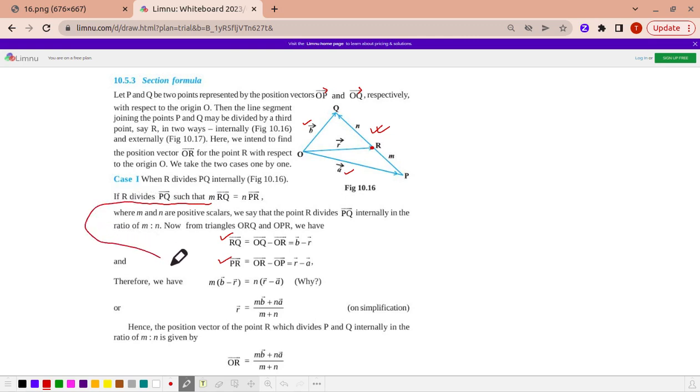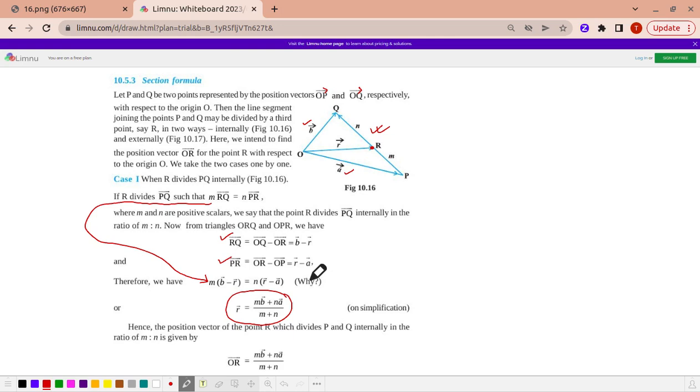So m into RQ, that is B minus R, is equal to n into PR, that is R minus A, and after simplification we get the vector R as m B plus n A divided by m plus n.